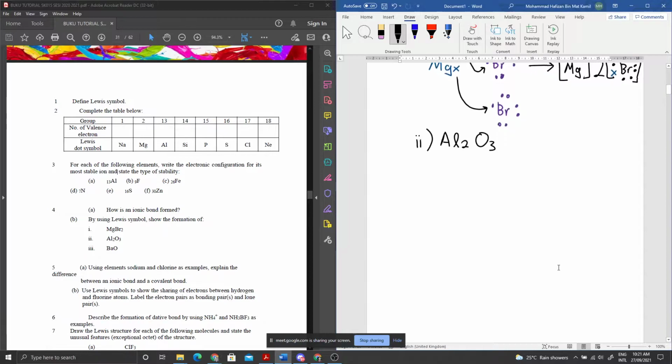Okay, so let's look at aluminium oxide. For aluminium, the value of electronegativity is 1.6, while oxygen is 3.44. For aluminium and oxygen, for your syllabus, you can consider it as ionic, and actually it is a covalent.